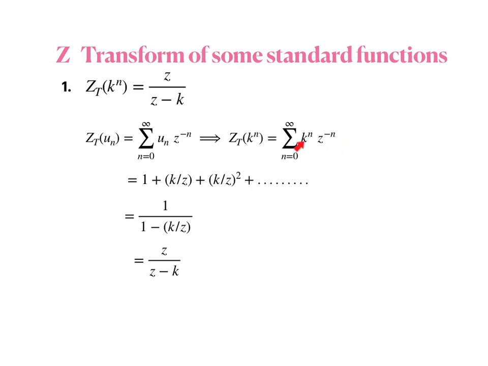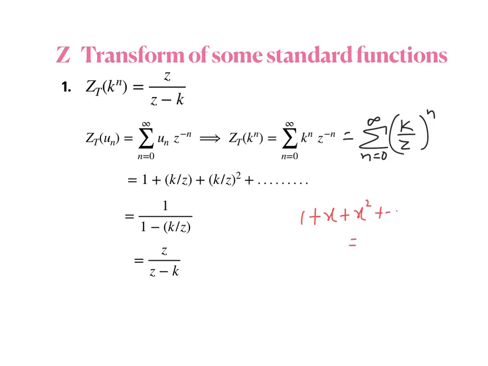Next, by giving n is 1, it will be k. You can write this more easily as summation n equal to 0 to infinity k by z power n. Now n equal to 0, it is 1. N equal to 1, it is k by z. N equal to 2, k by z whole square, and so on. So this is in the standard form of 1 plus x plus x square and so on.